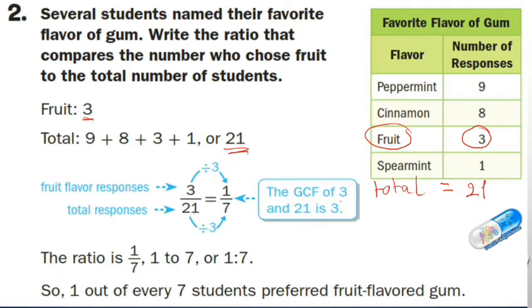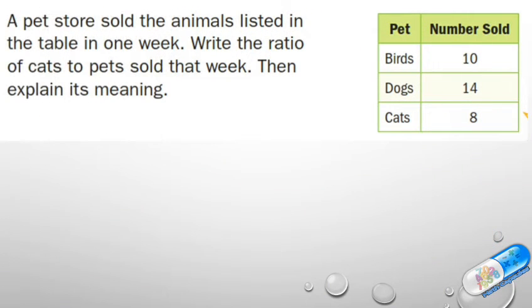Let's move to another type of question. A pet store sold the animals listed in the table in 1 week. Write the ratio of cats to pets sold that week. So these are the cats. There are 8 cats. And the total number of pets, we will add 10 plus 14 plus 8, which is 32.